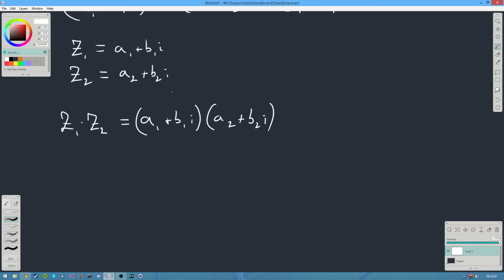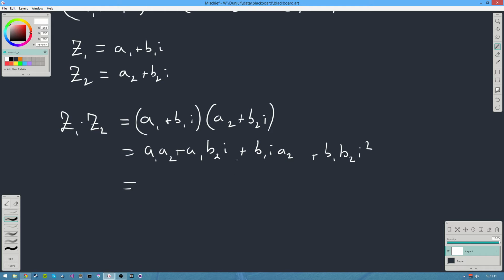If we just expand them out, we get a1 a2, then a1 b2 i. Next we do this one, so we've got b1 i a2, and then this one would be b1 b2 i squared. Okay, let's tidy this up.